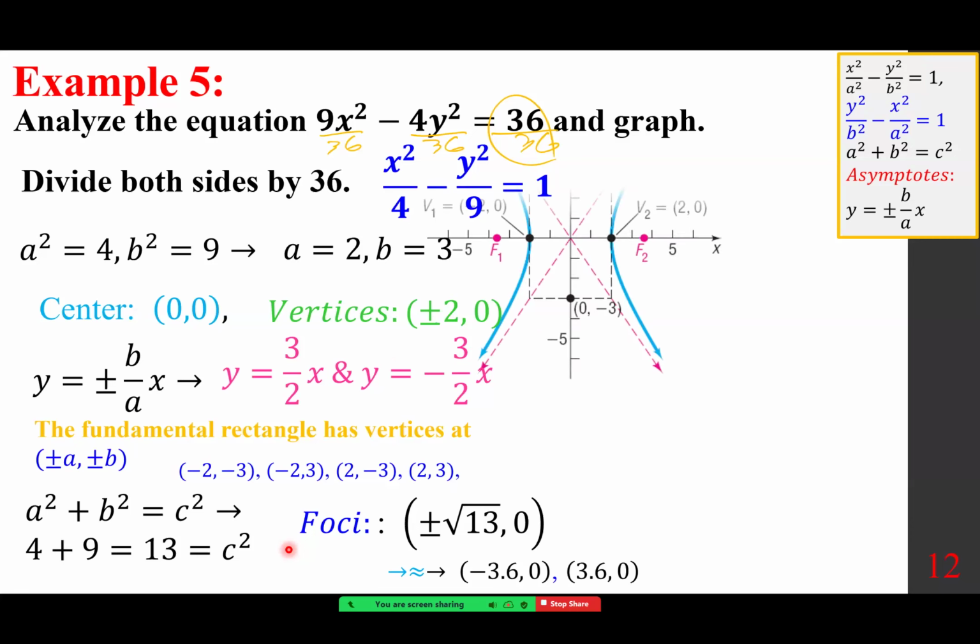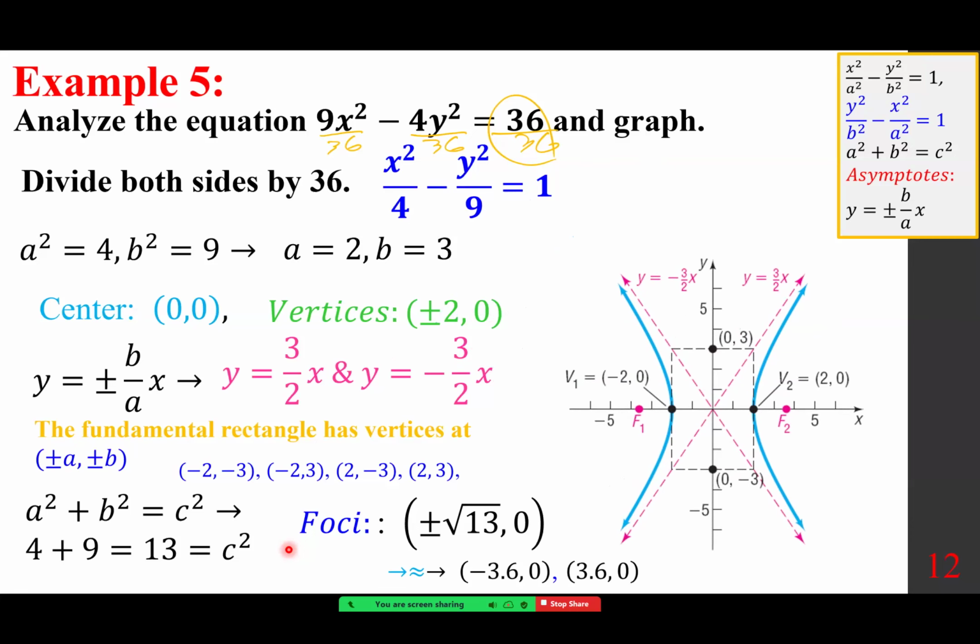This is an approximation. And here's a graph with details, again centered at (0, 0). These are the vertices at (2, 0) and (negative 2, 0). Those points are helpful, and they will give us the fundamental rectangle. The diagonals of the fundamental rectangle give us the two asymptotes.